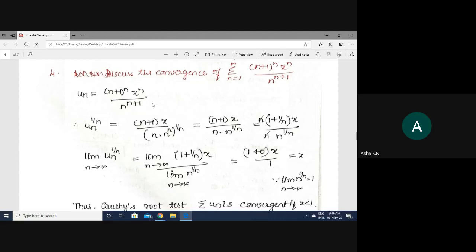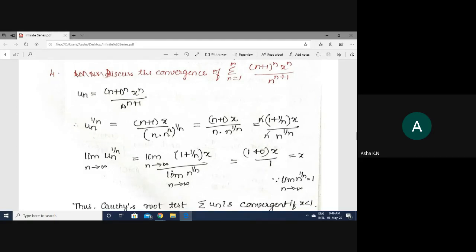Un is (n plus 1) whole power n into x power n by n power n plus 1. Now in the root test we have to take un power 1 by n. When you take whole power 1 by n, the numerator's whole power n and whole power 1 by n will get cancelled. So you will be left with (n plus 1) into x.